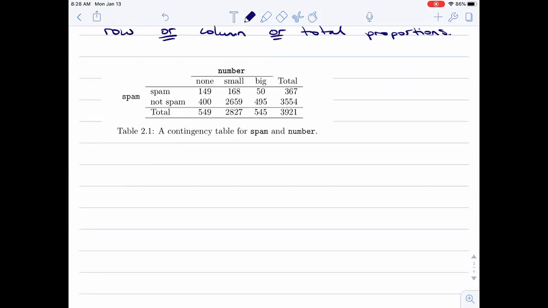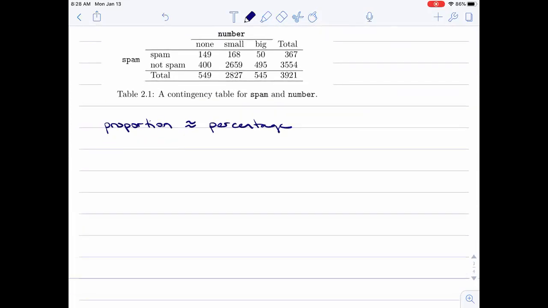So here, a proportion is basically a percentage. I say basically because for a percentage, you have to multiply the proportion by 100%.